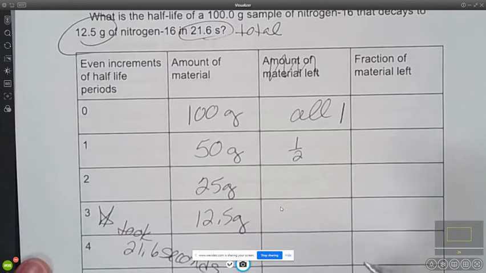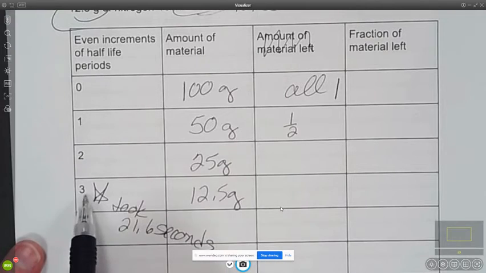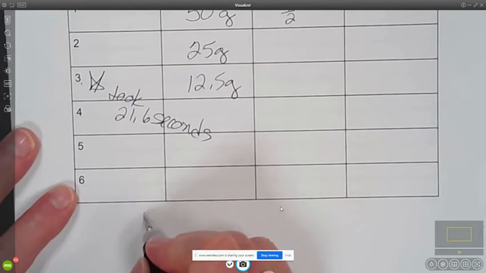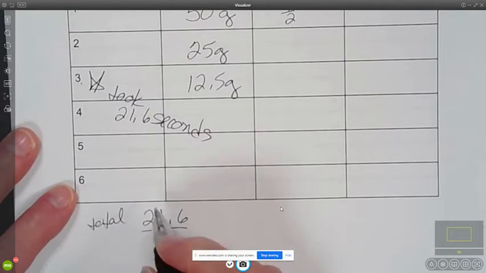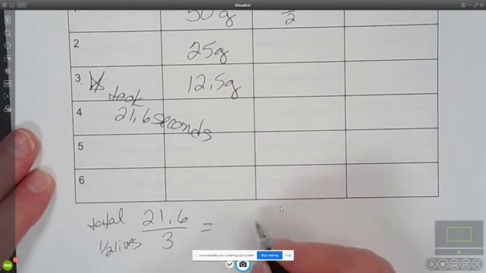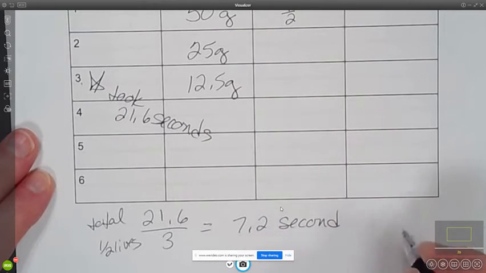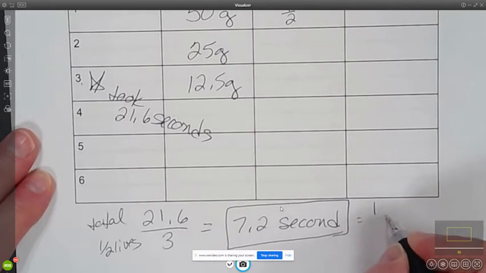In this case, I'm looking at 21.6 seconds divided up into 3 half-life periods. So I'm going to take that total time, 21.6 seconds, and divide it up into half-lives. I have 3 half-lives. When I divide that, I've got 7.2 seconds for 1 half-life.